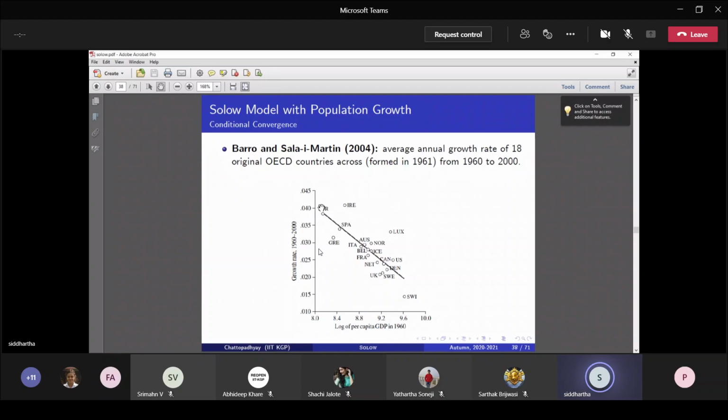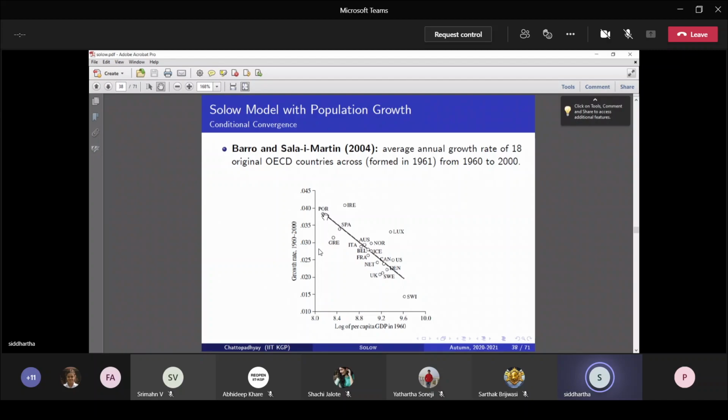The poorest country among these developed countries is Portugal, and its growth rate is around 0.040.